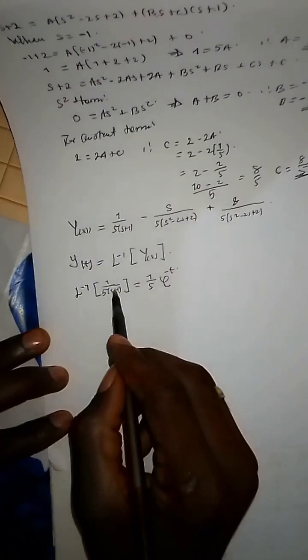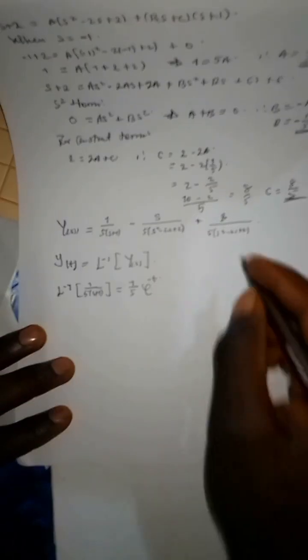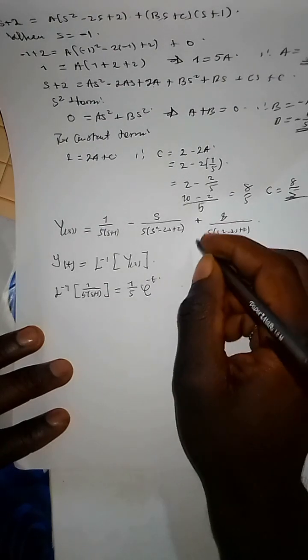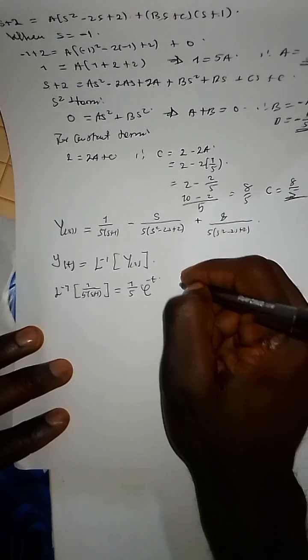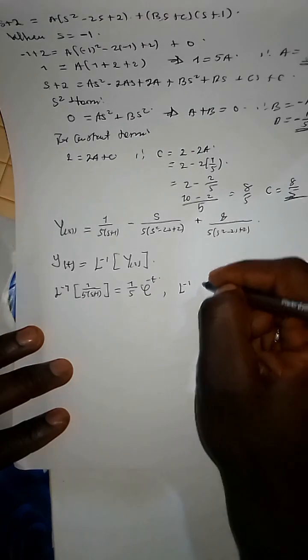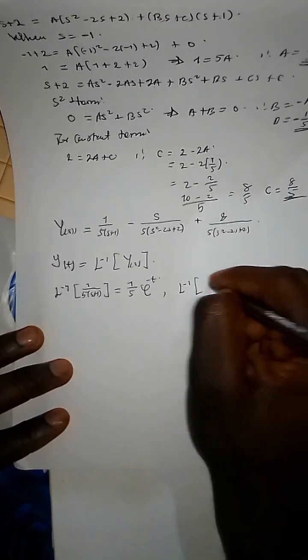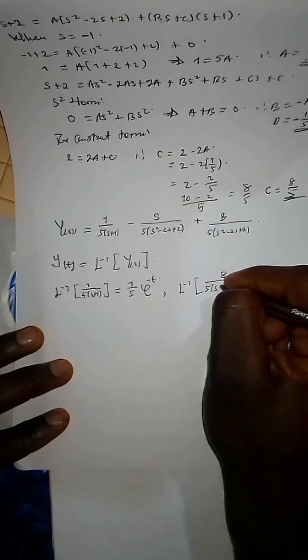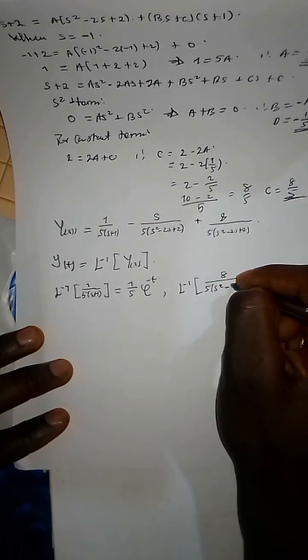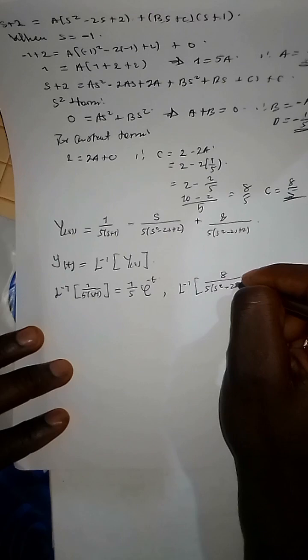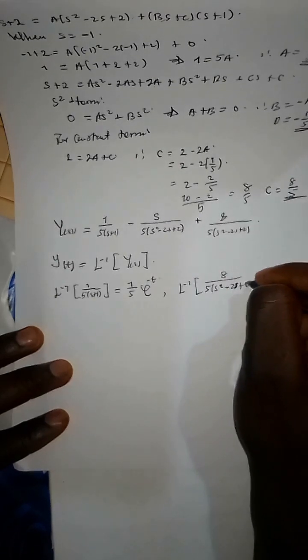Negative because here is plus. And the inverse Laplace transform of 8 all over 5 into (s² - 2s + 2).